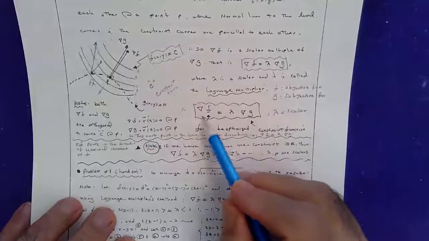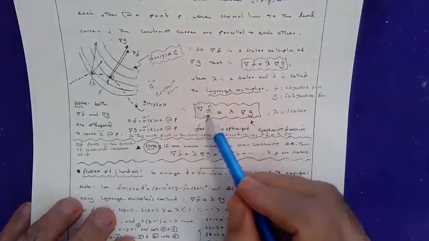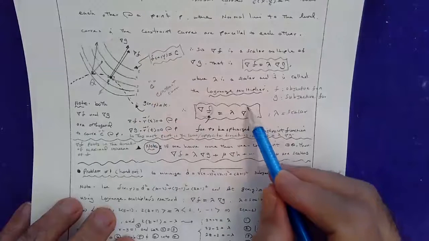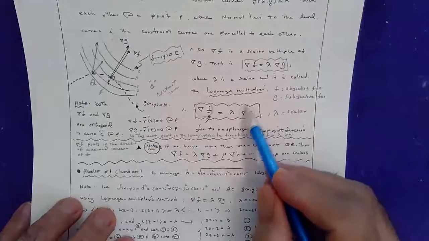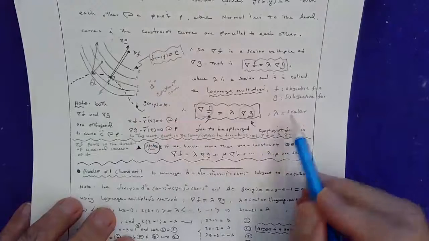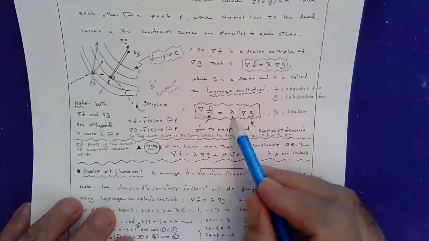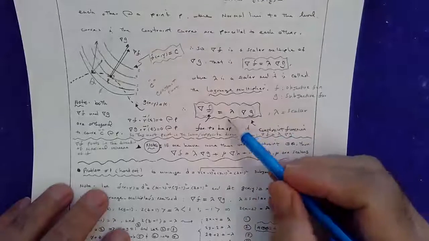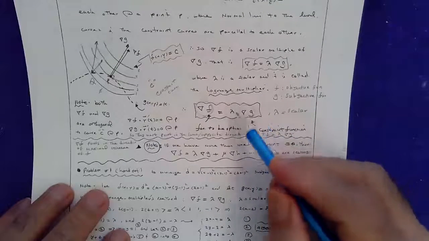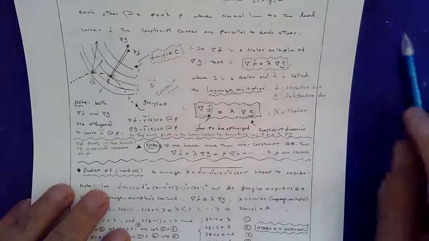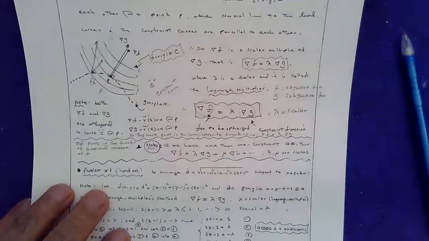So this would be the normal vector to the level curves, this is the normal vector to the constraint curves, and lambda is the scalar, the Greek letter lambda. If you solve the resultant equations from this equation, that would give you the same critical points that the D-test gave us in 14.7.